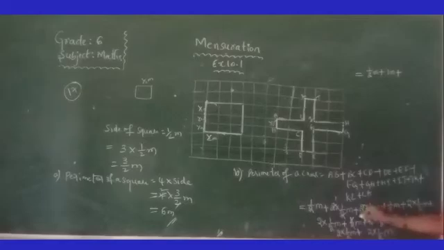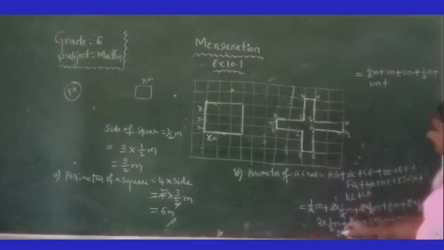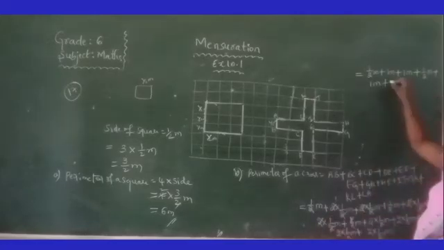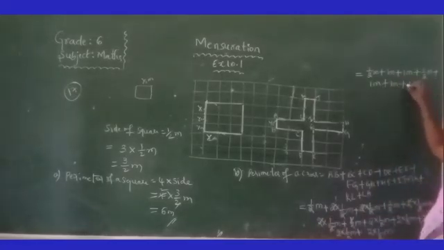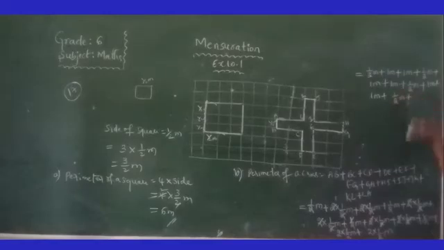Again 2 into half is 1 meter. Next, 1 by 2 meter. Then 2 halves is 1 meter. Here the 2s cancel, that is 1 meter, and here also 2 cancel, 1 meter. Next, half meter. 2 into 1 by 2 meter is 1 meter, and the last 2 into 1 by 2 is 1 meter.